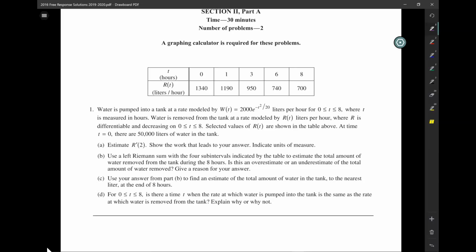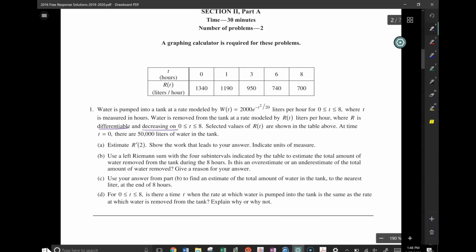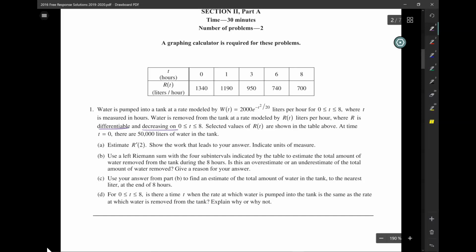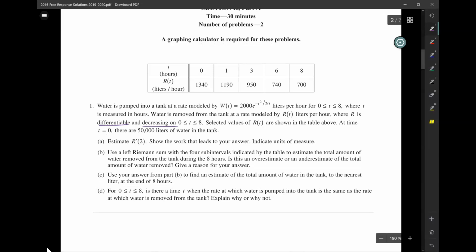And for R of t, we have a table of values. R is differentiable, it's decreasing, right? So like the values are shown, at time t equals 0, there are 50,000 liters of water in the tank. So estimate R prime of 2.